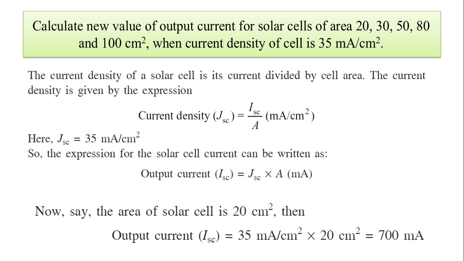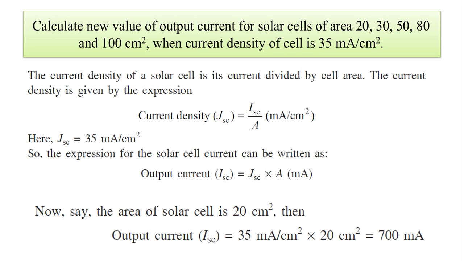Our first problem is to calculate the new value of output current for solar cells comprising these 5 different cases of area, and we should solve this at a current density of the cell of 35 milliampere per centimeter square.